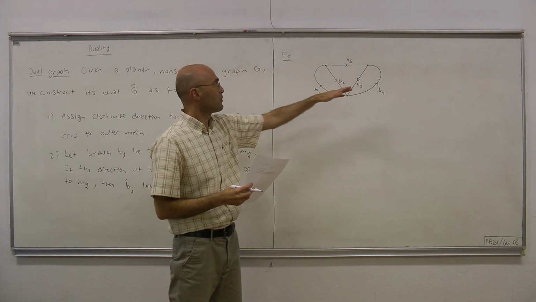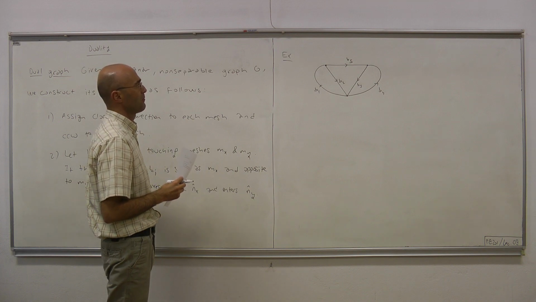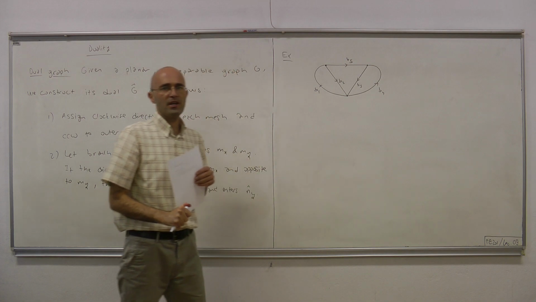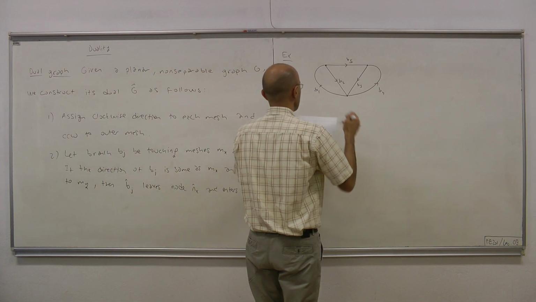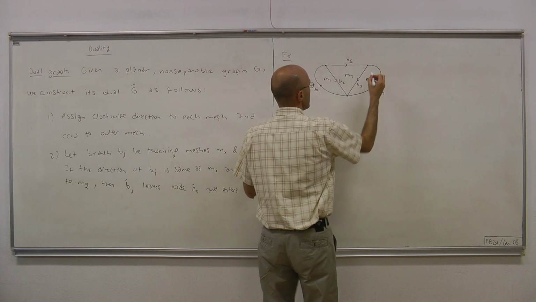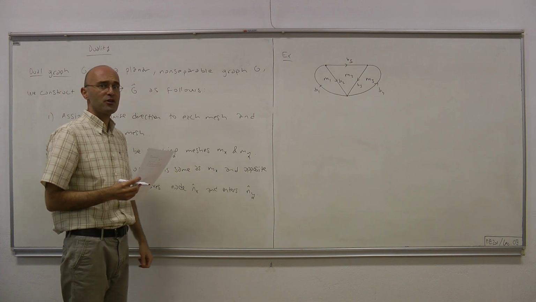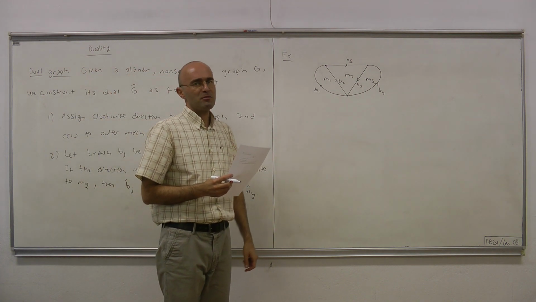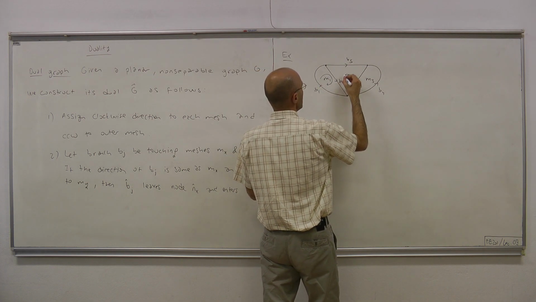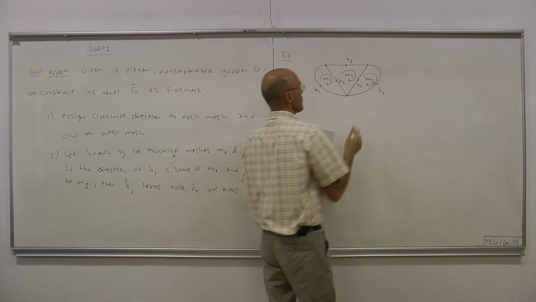Five branches with the following labeling and directions. Now we have 1, 2, 3 inner meshes. Let's call them N1, N2, and N3. And here the definition says that all the directions of inner meshes must be clockwise. Therefore, this is the direction of N1, this is the direction of N2, and this is the direction of N3.